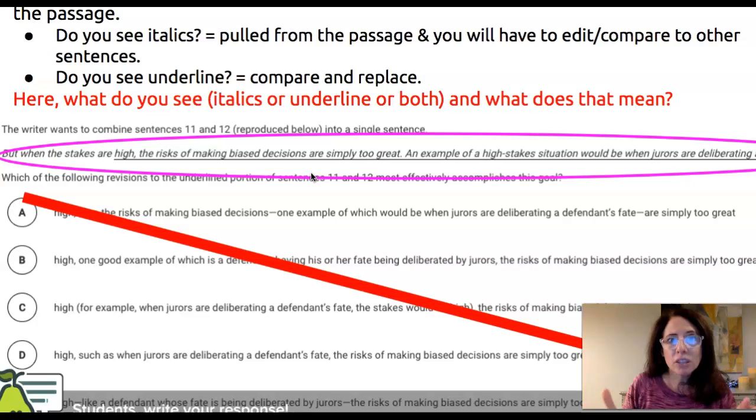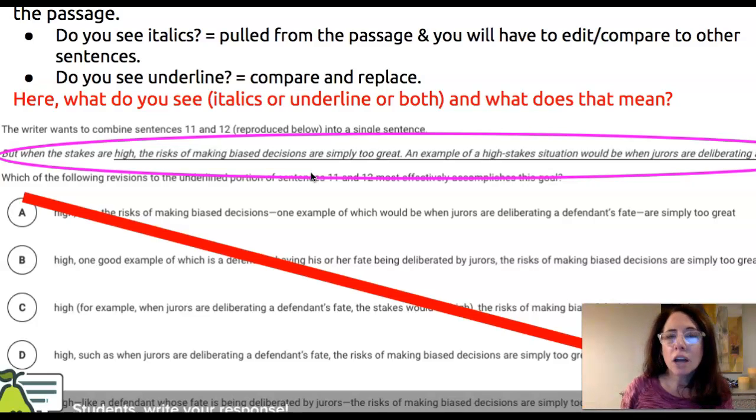So specifically, I'm concerned with something in that underlined portion. And then my brain needs to turn a switch saying, oh, the 5 answer choices below are going to give me different options for replacing the underlined part.